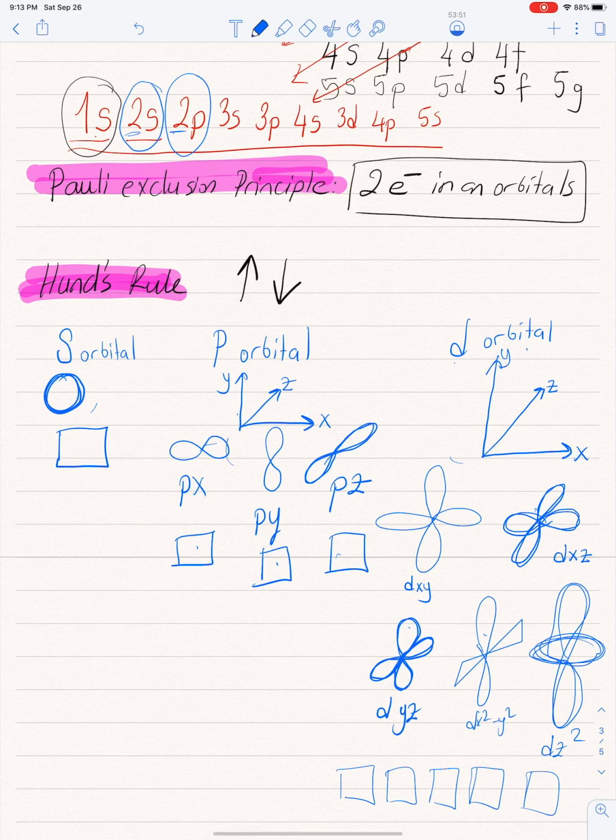D orbitals have 5 different shapes, like going this way, making zx, zy, in between. This is 5 different orbitals, okay? And we are going to put the electrons in these boxes 2 at a time, in opposite directions. I'm going to show one more thing in the next video.